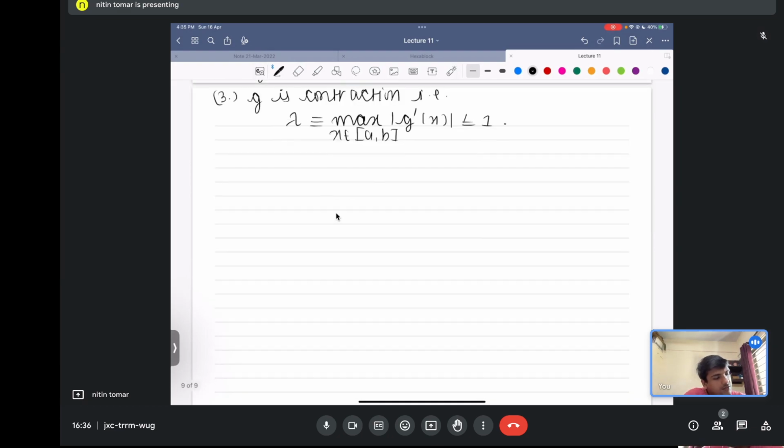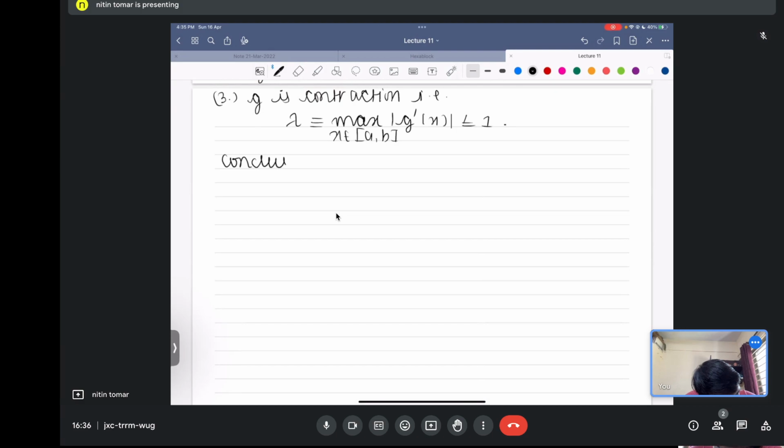Then the conclusion is, then number 1, x equal to g(x) has a unique root, say R, in [a, b].